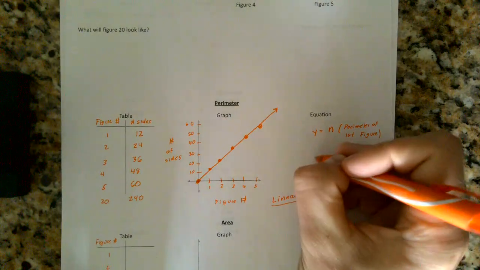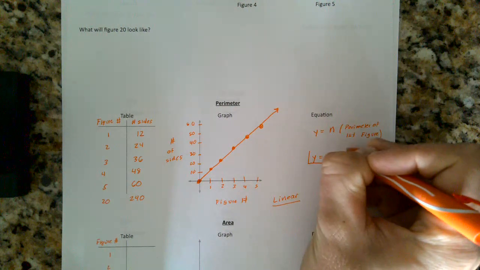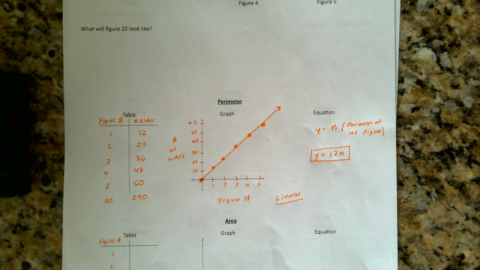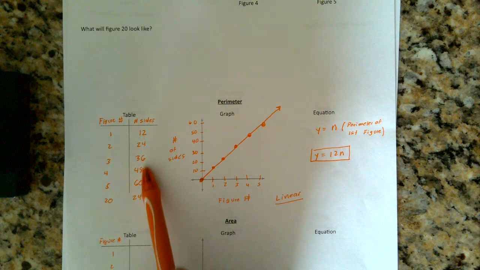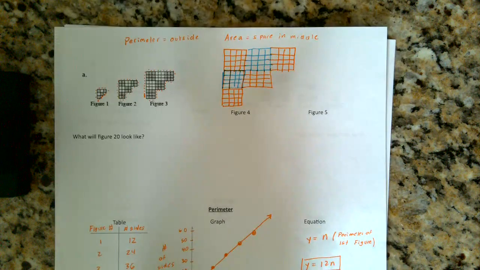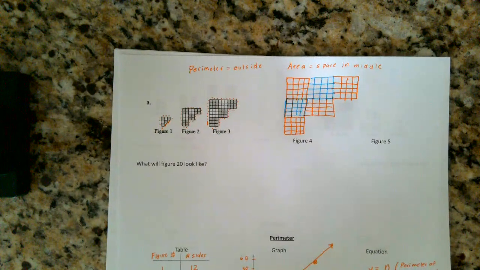Therefore, we can write it as y equals 12x. That's kind of neat. As you can see, we evolve from the idea of the number of sides, and it goes up in that linear pattern. So maybe, just maybe, that perimeter will hold true for every single one of these figures. We'll see in a second.